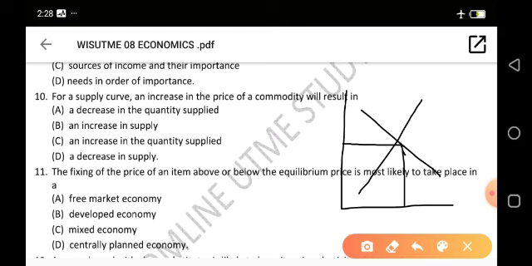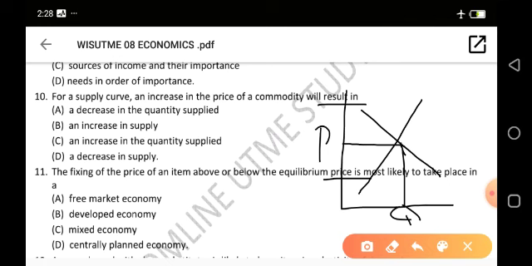If you are fixing your price above or below the equilibrium price, yeah, it is possible. It's what we call price control, when government comes in to fix the price of a commodity below or above the equilibrium point.